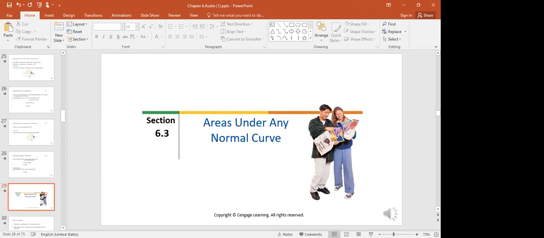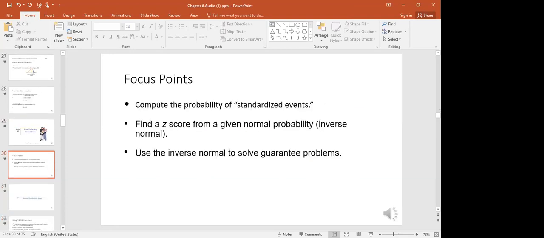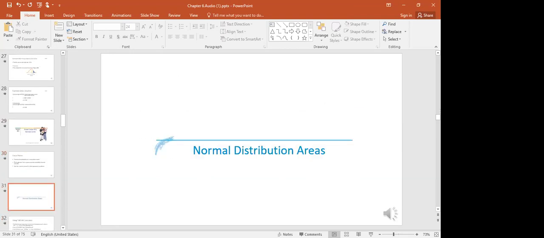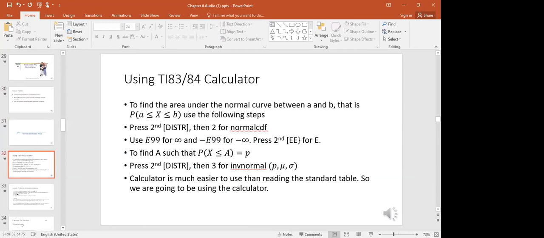Now, what we were doing was for standard normal distribution, the z value, which has mean 0 and standard deviation 1. Now we are moving to a more general normal distribution. Here we will have a random variable x, which is normal, and then between a and b.